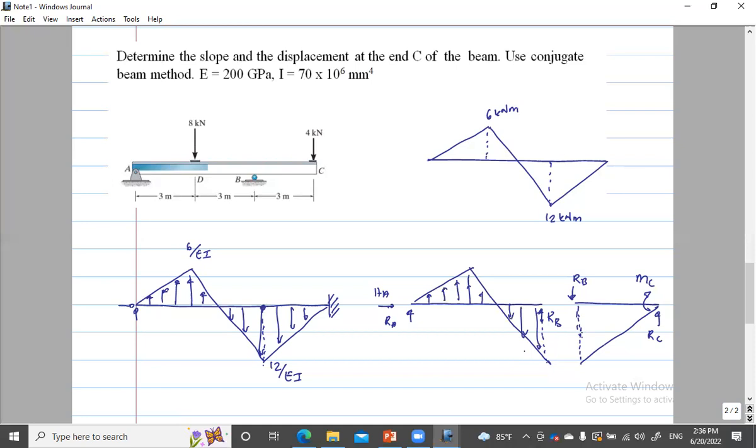So we need to find RB first. Okay, so what is RB? How to find RB? It's very simple. Only the complex part is the load, but otherwise it's simple.